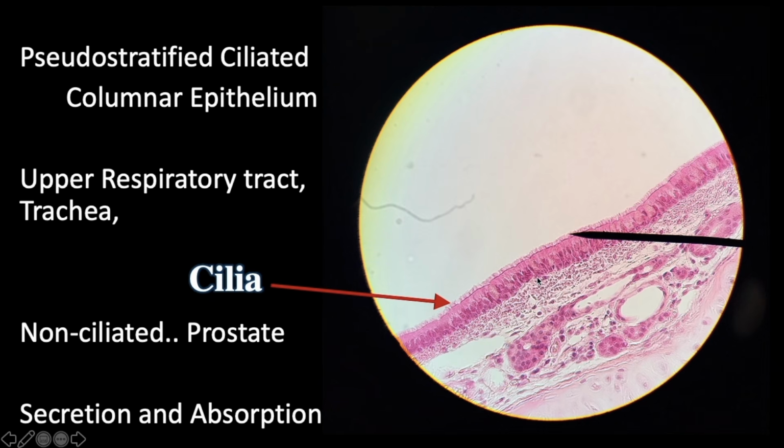So the goblet cells will make mucus. They'll send it up to the top here, trap pathogens, and these cilia will actually move the mucus all the way up and out the trachea, all the way to your mouth, and this mucus traps pathogens, little ickies.